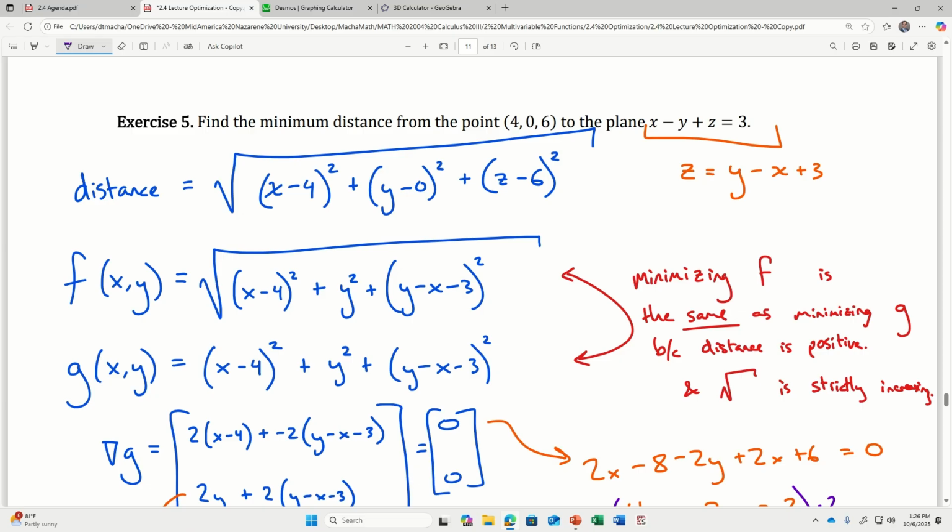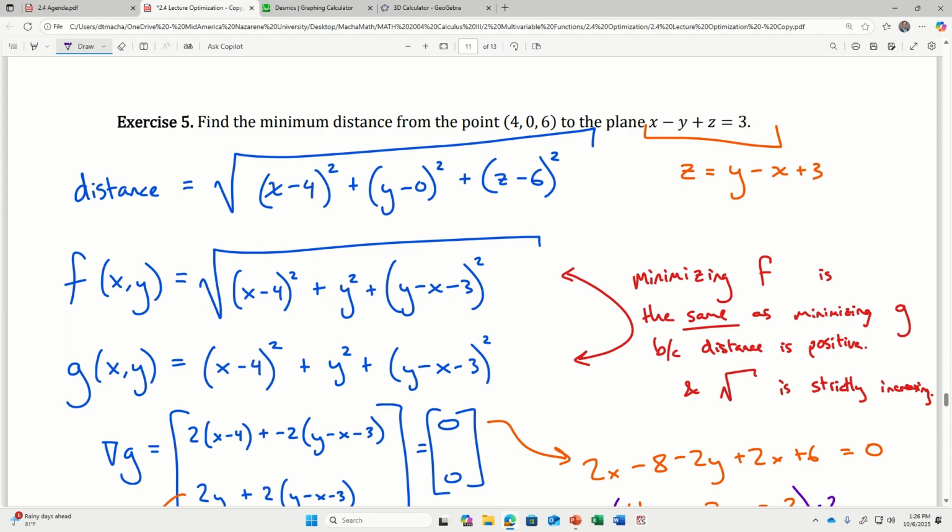No, there's always other points on the plane that are even farther away from the point 406. There's only one point on the plane that has the minimum distance, and I only found one stationary point. So just using what we know about our problem, we can determine logically that this must be the minimum.